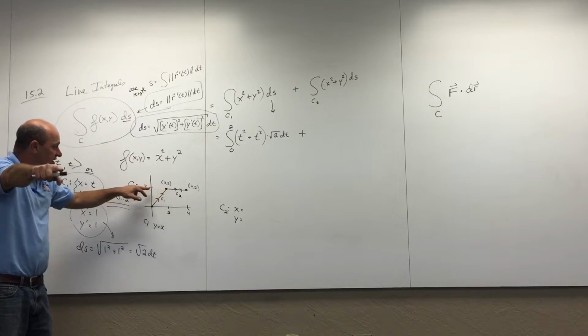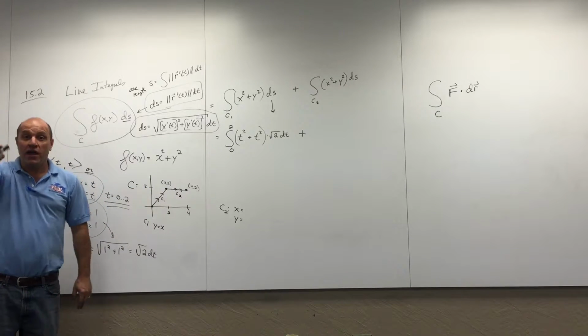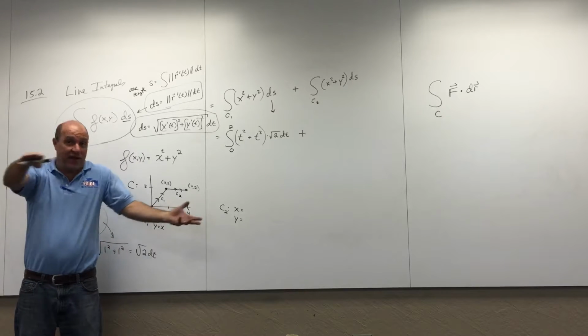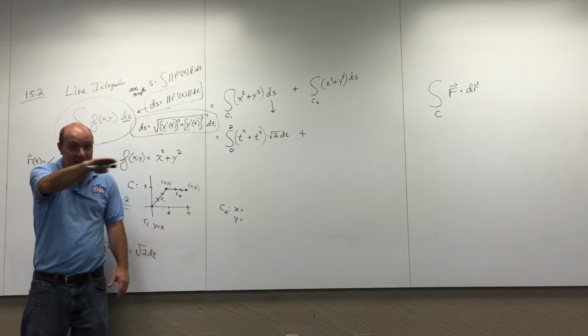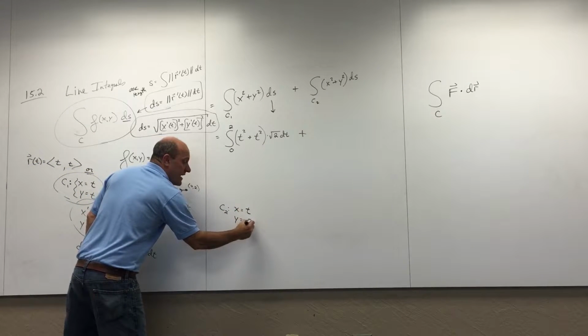He says y should equal 2. That's a good observation. It looks like y is stuck on 2. And since it's moving horizontally, I guess x is the variable, so x is t. We'll let x be t, and y is stuck on 2.